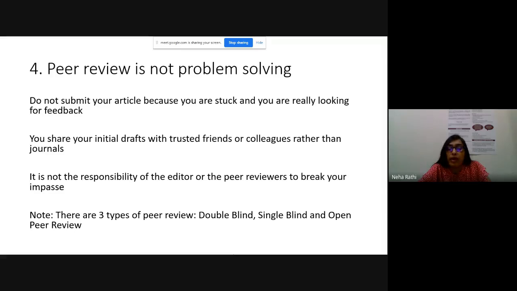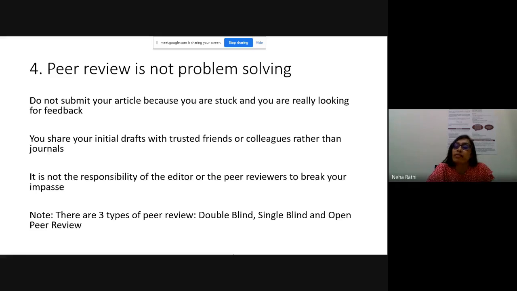Okay, very important. There are 3 types of peer review: double blind, single blind, and open peer review. Every journal guideline will tell you what peer review policy they use. Now, what does a double blind peer review do? Double blind, I would say, is the most unbiased. It's the best, I think, according to me. I'm not saying others are bad, but I prefer double blind.